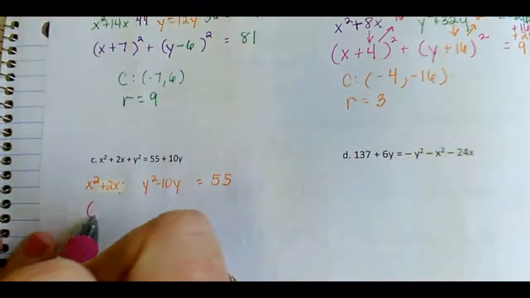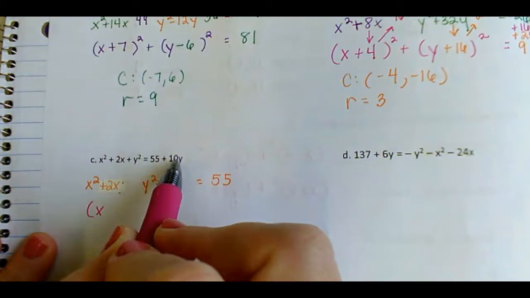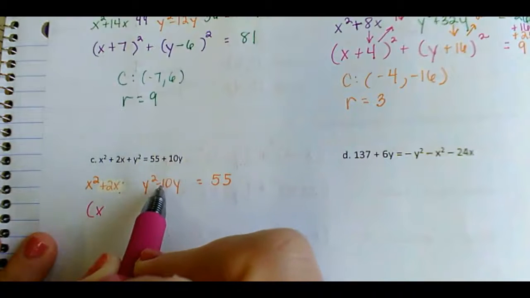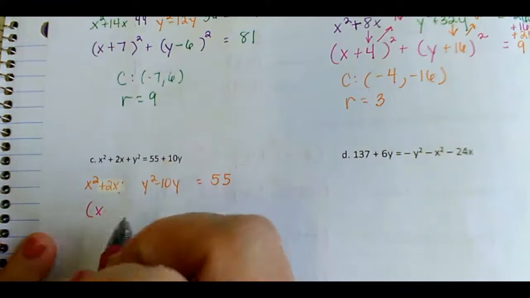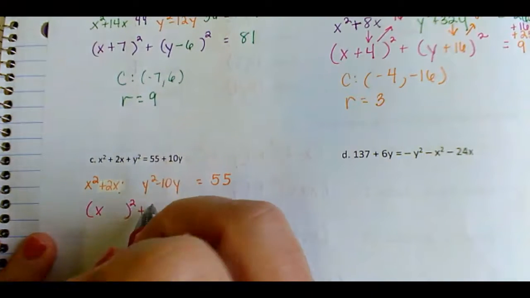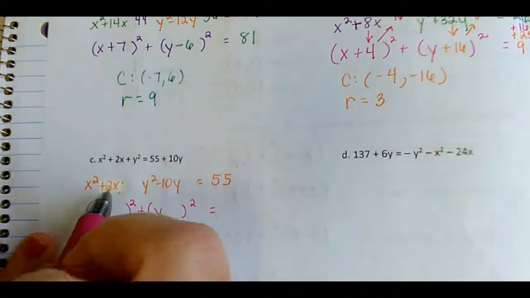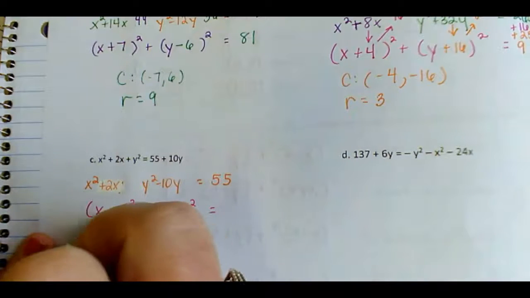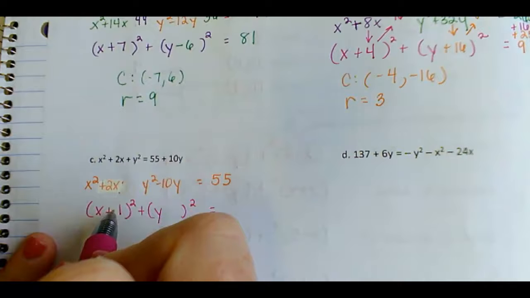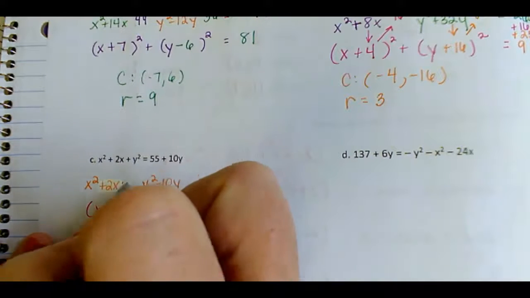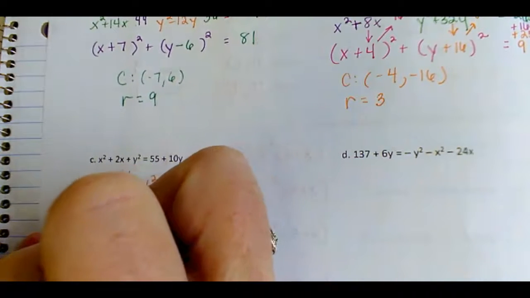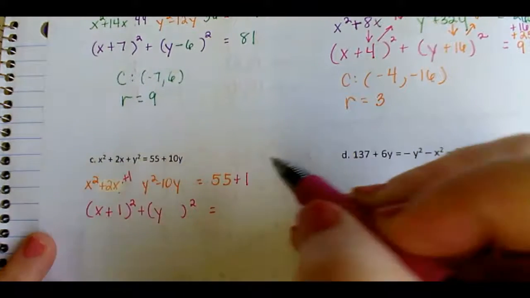Okay, so first of all, you do have to move the 10y over and you make it a negative, so that's important. But I know it's going to be x something squared, y something squared, and then a number. So I take half of the 2 and get 1. 1 squared is 1. So I know I'm adding a 1 here, which means I add a 1 here.